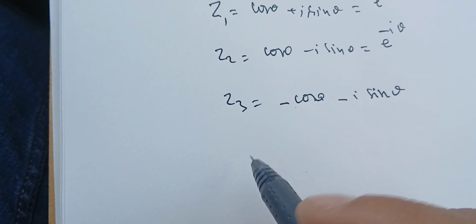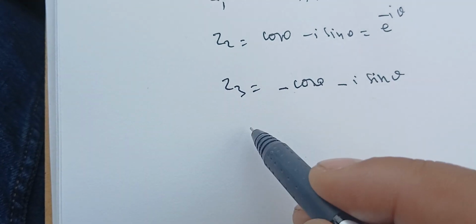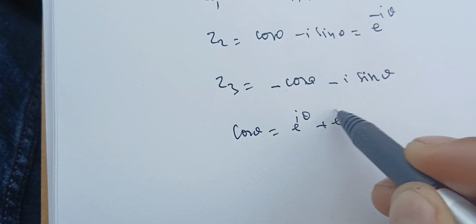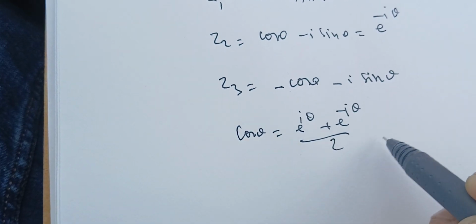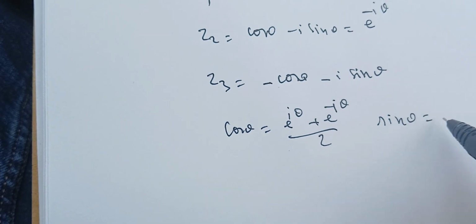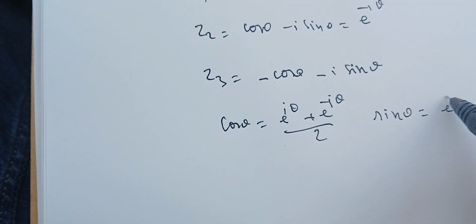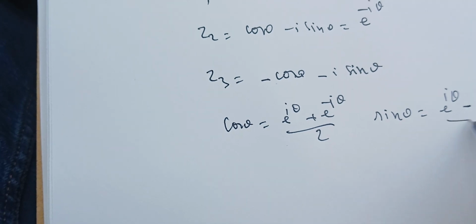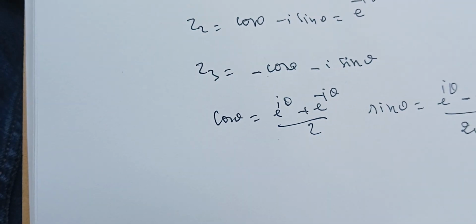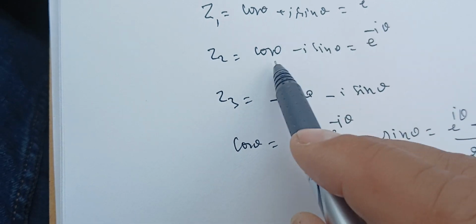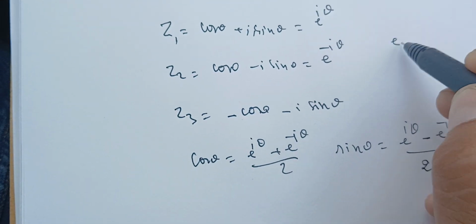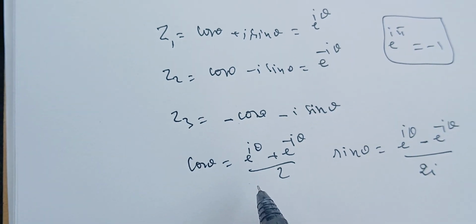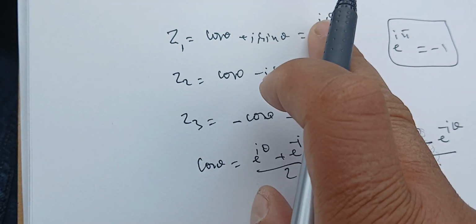Remember that the Euler definition for the cosine that we will prove definitely is given by this, and the sine is given by this. So e to i theta minus e to minus i theta over 2i. Okay, and remember that e to i pi is minus 1. So we can use it from here or from here.